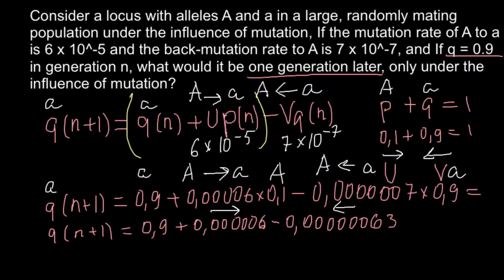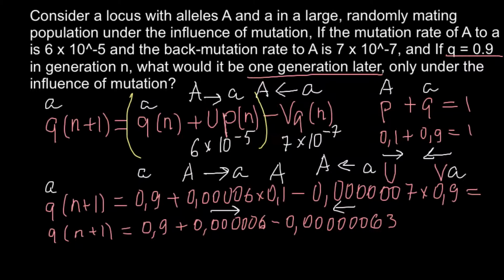So as you see, backward mutation is a much smaller number than forward mutation. So as you see, at the end we would have more recessive alleles due to mutations than we started with.